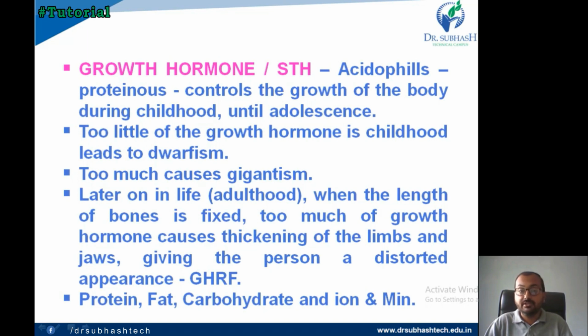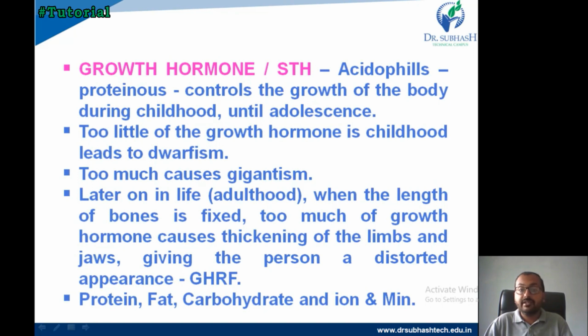If it increases too much, it may cause gigantism, where the person's height may be more than 6 foot, 6.5 or 7 or 7.5. So we can see the increased level of growth hormone may directly affect the length of the cartilages, the skeleton, the skeletal muscles and overall body parts, so even the length of the upper arm and the lower arm will be increased.